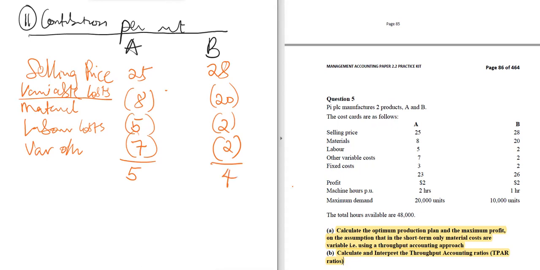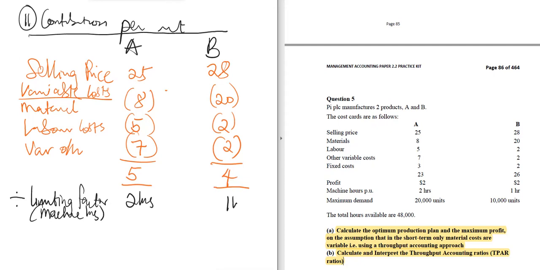Okay. So now that we have this, we can get what? Our contribution per limiting factor. So we now divide by the limiting factor, which is the machine hours. So by dividing by machine hours, we know we have 2 hours for this guy and we have 1 hour for this guy.